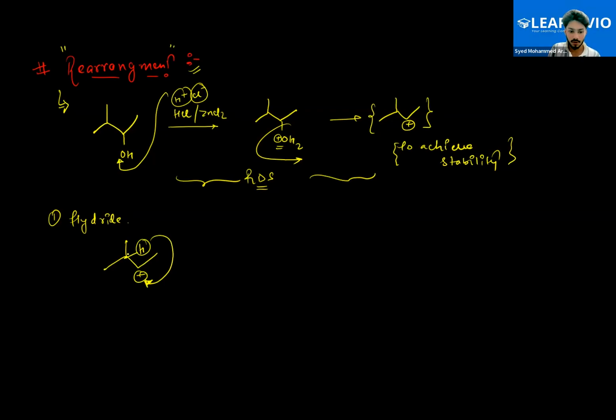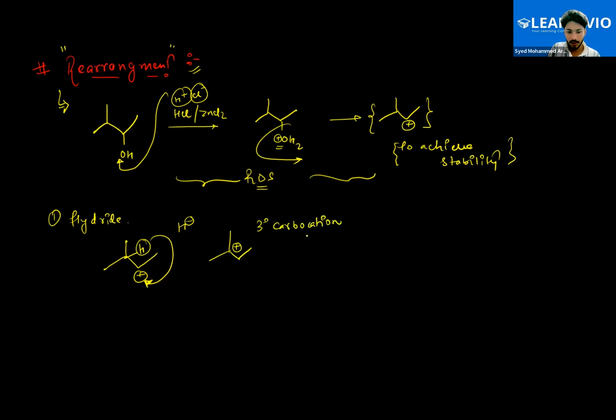This hydrogen, with its two electrons, which is the hydride, will shift to the cationic position. The positive sign comes up here, and the H is attached here. So this forms a 3 degree carbocation.